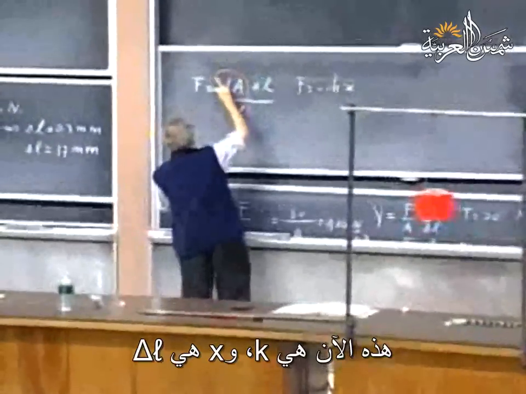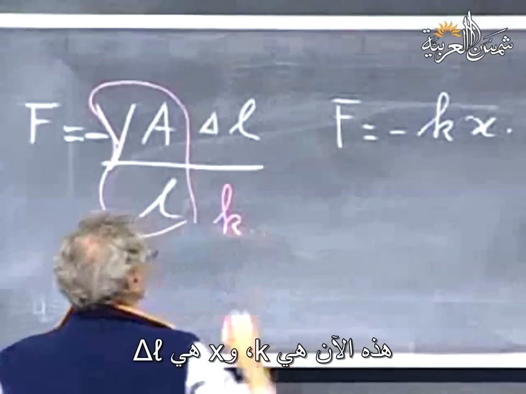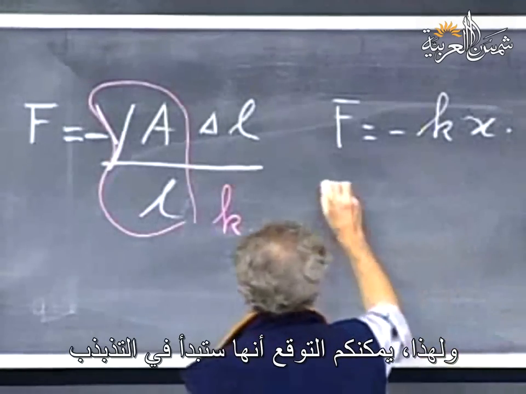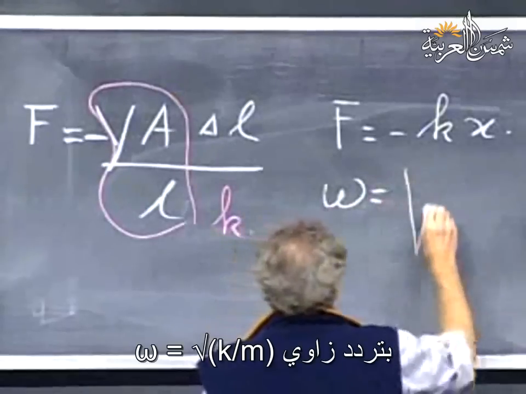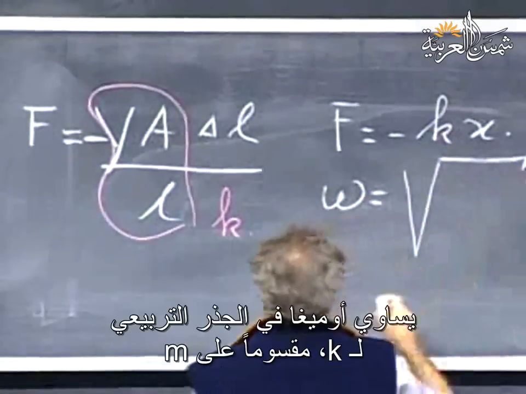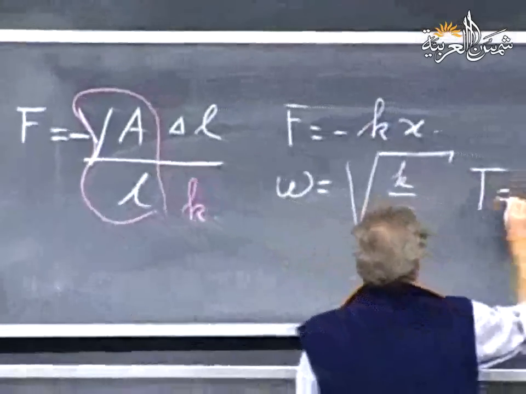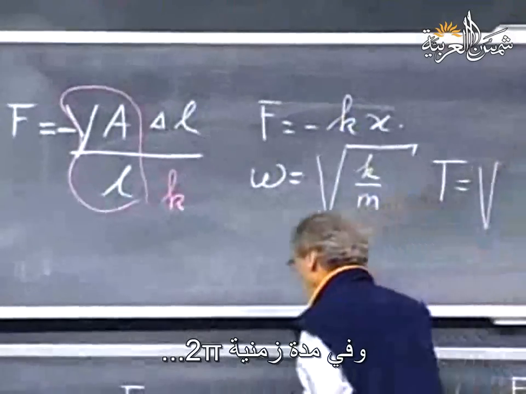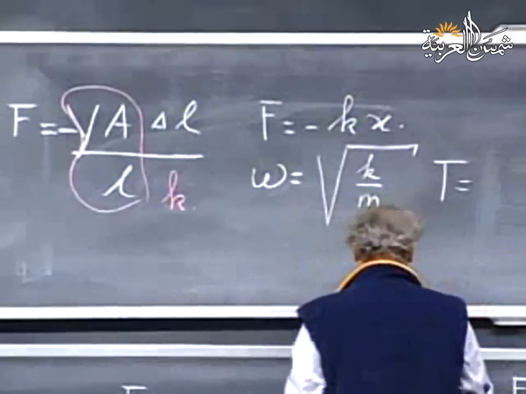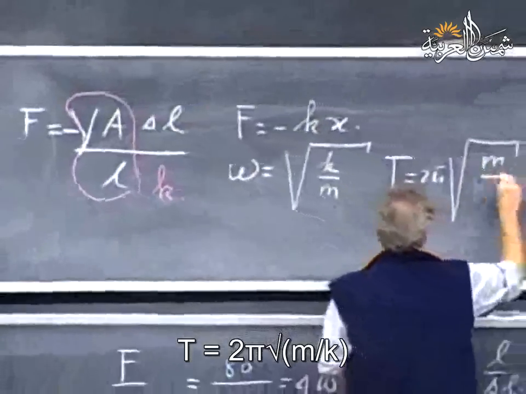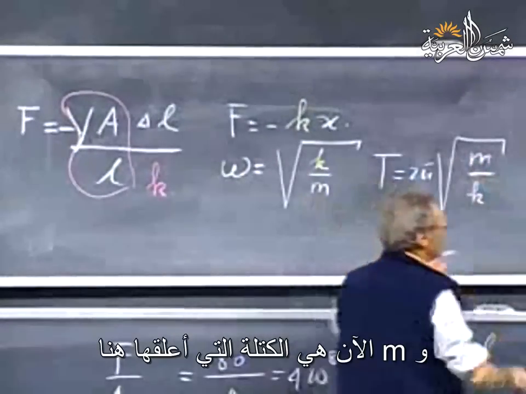And this now is our K, and delta L is our X. And so you can predict that it will start to oscillate with an angular frequency omega equal to the square root of K divided by M, and with a period which is 2 pi times the square root of M over K, and M is now the mass that I'm hanging here.